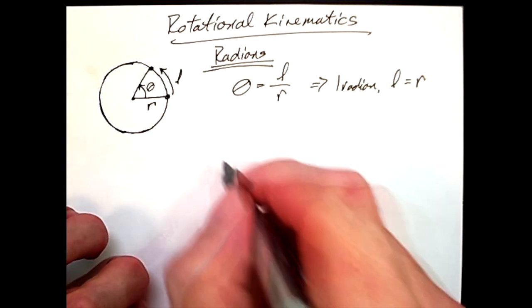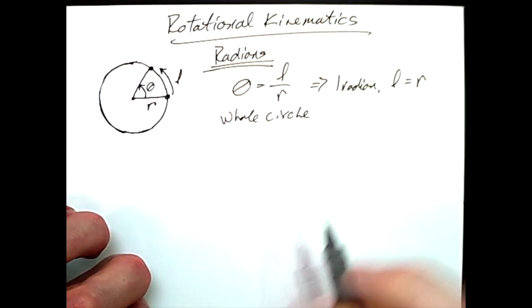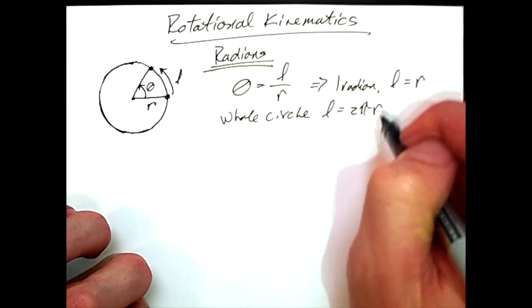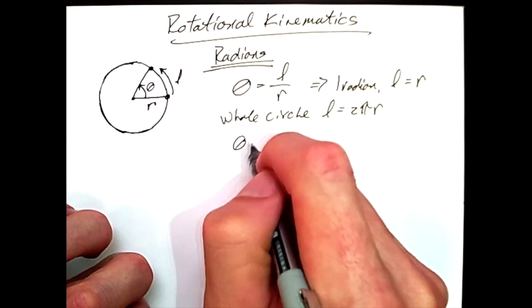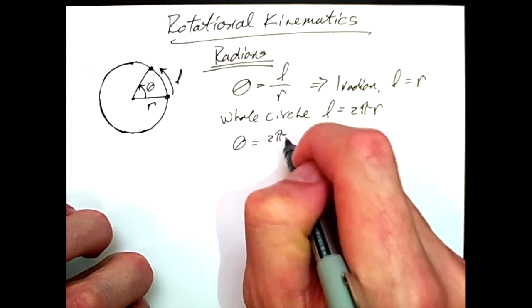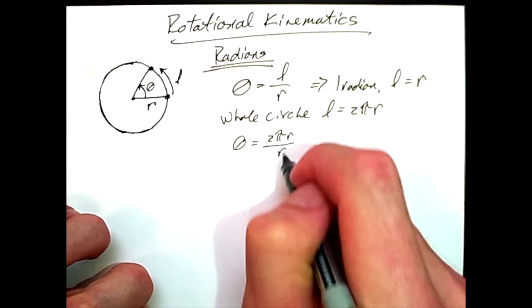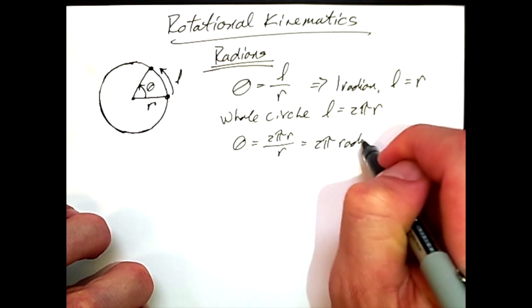Based on this information, we know that an entire circle has a circumference where L is equal to 2 pi times R. So we can imagine that if theta is equal to 2 pi r, the entire circle, divided by the radius, then this comes out as 2 pi radians.